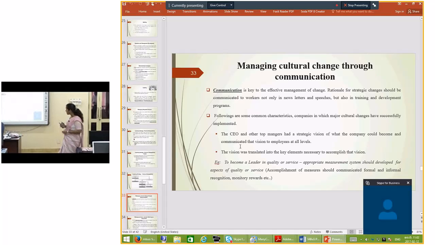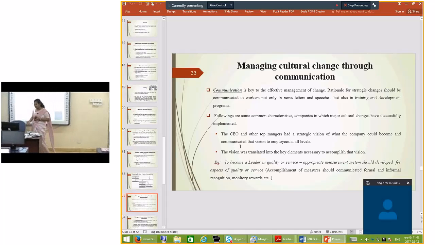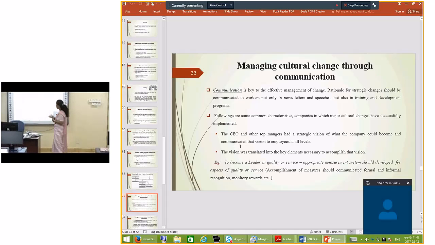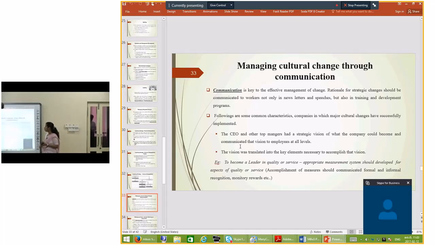Then what can the managers do? Although they have stipulated the vision and mission in their documentary evidence, it might not be workable. Therefore, whatever these strategic vision and mission changes are, we have to communicate them to our employees. Okay. So, how do we do so? Probably CEOs might know these facts. The CEO and other top managers had a strategic vision of what the company could become and communicated that vision to employees at all levels.